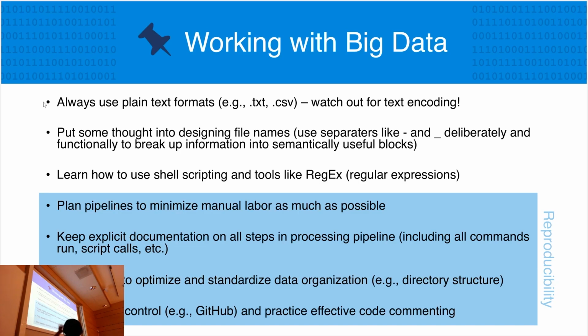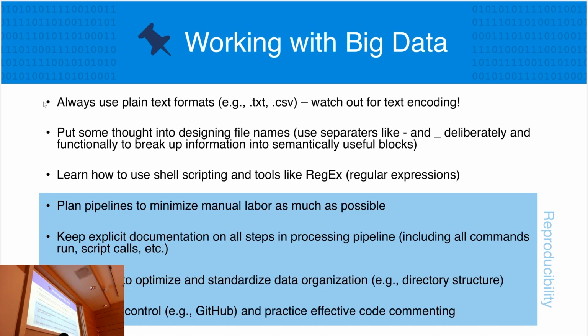So minimizing the labor as much as possible, and having an explicit processing pipeline with all your commands, including all the commands you throw into the command line, is really important for catching errors, and also for reproducibility, so that someone else can go back and run your entire pipeline from beginning to end and get the same thing out.